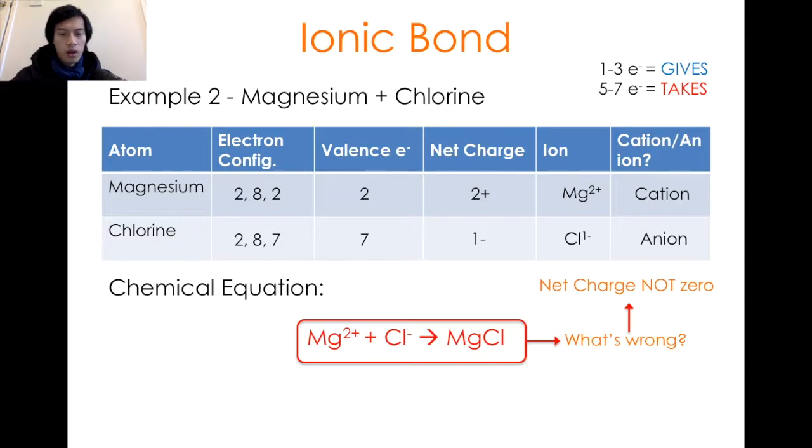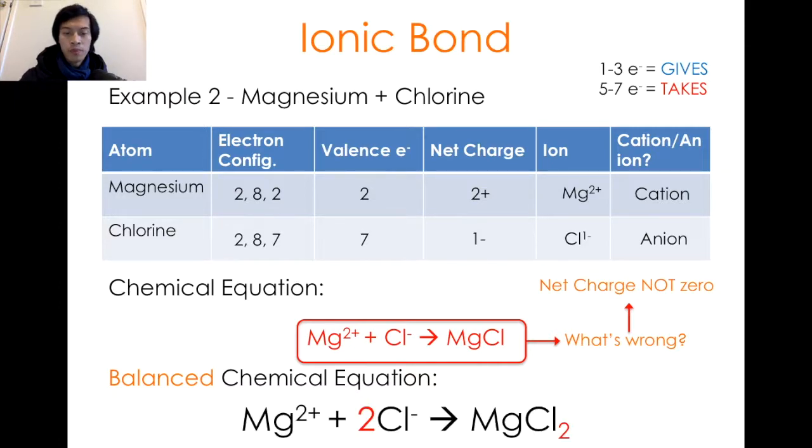And so the balanced chemical equation will look like this. 1 magnesium atom will give to 2 chlorine atoms to form magnesium chloride, MgCl2, with a small 2, signifying that for each magnesium there are 2 chlorines joined to it.